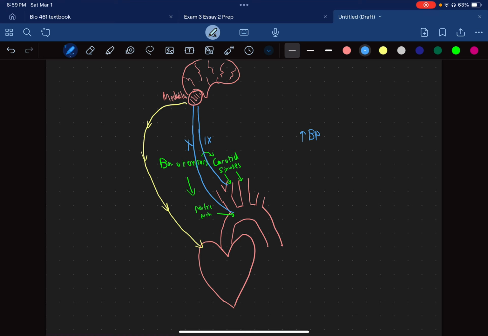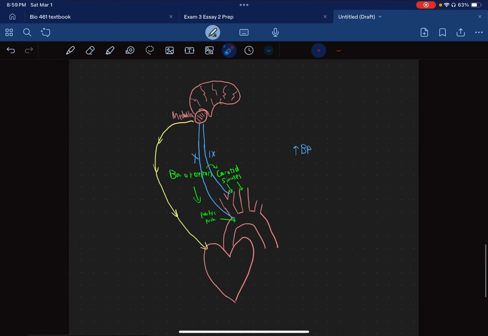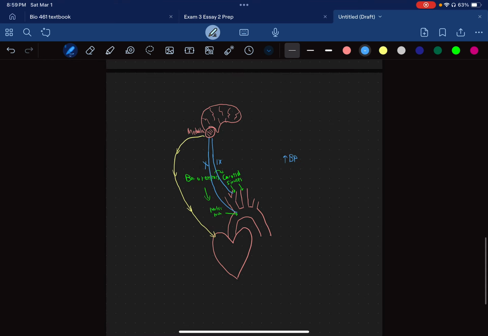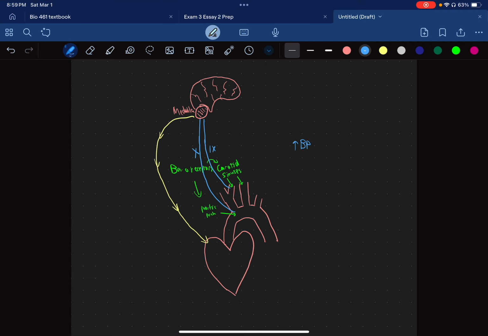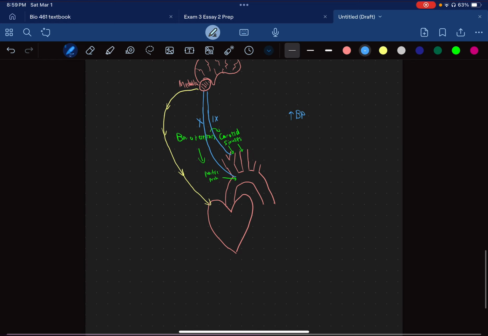What the medulla is going to do, it's going to send a signal through these parasympathetic fibers, and that is going to calm the heart down, cause the heart rate to decrease a little bit. And the exact opposite would be true for the opposite. If blood pressure is decreasing, then the sympathetic fibers would cause the heart rate to increase if oxygen is not sufficient to the body.